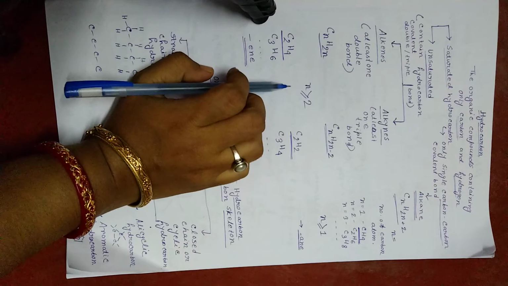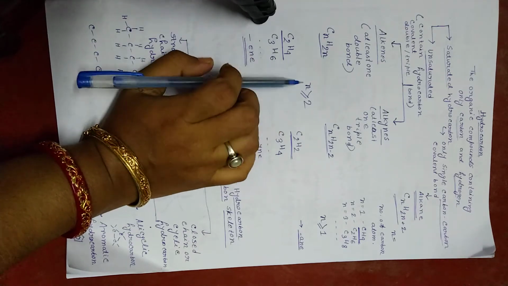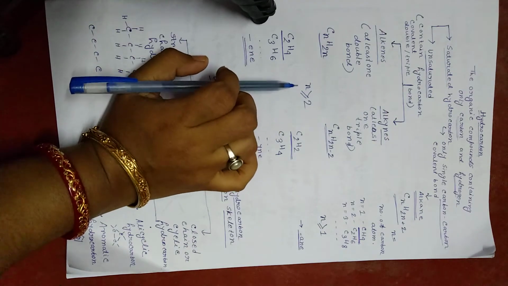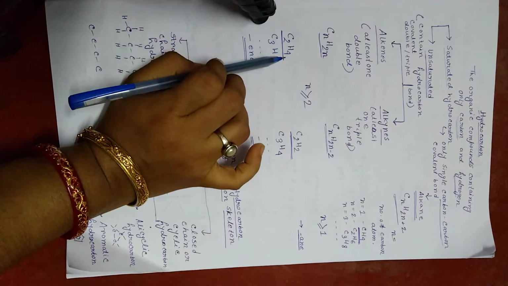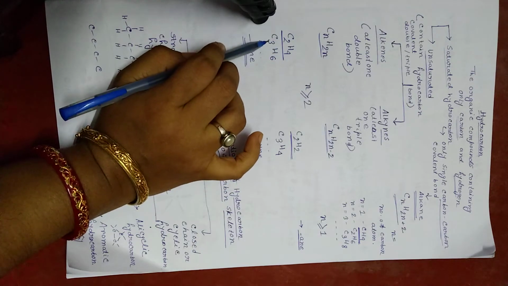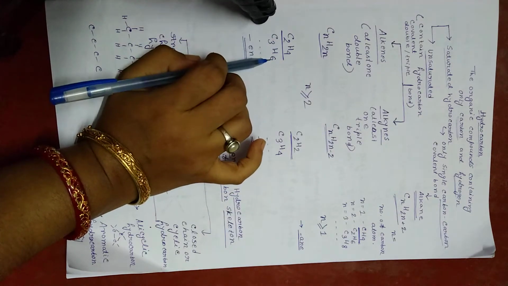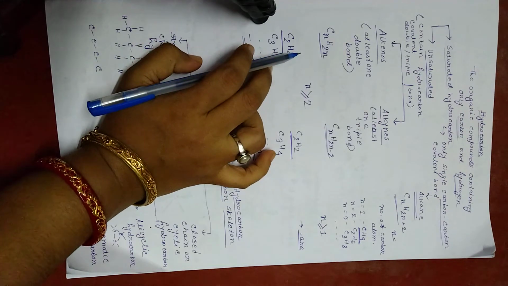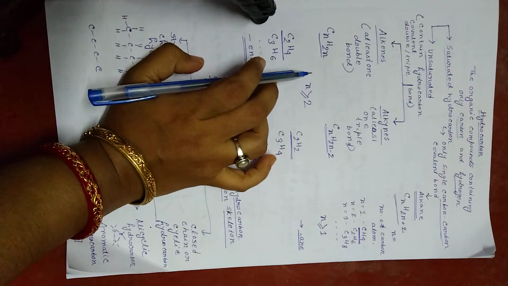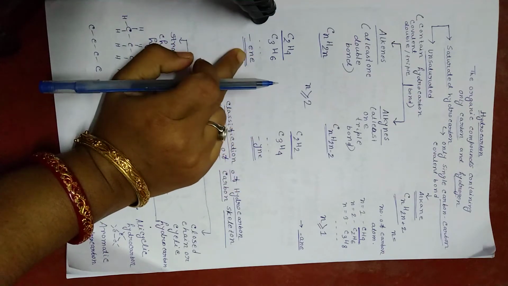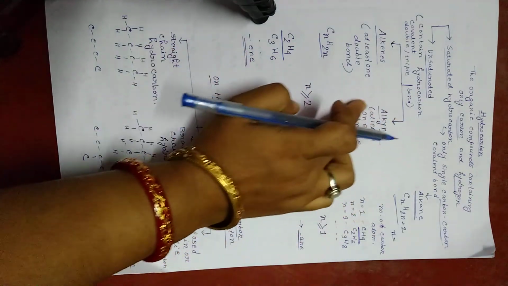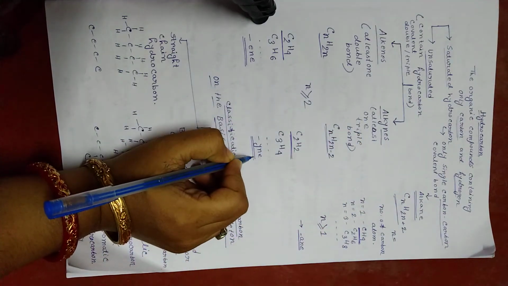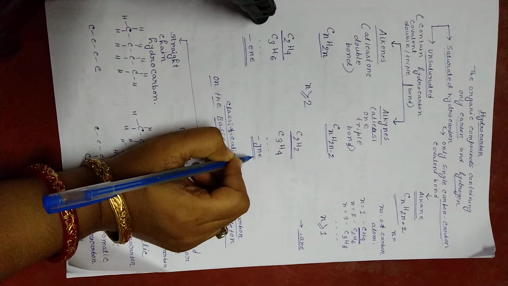In case of alkenes, if we put n equal to 2, we get C2H4. If n is 3, then C3H6. In nomenclature, you put "ene" as suffix for alkenes, and in case of alkynes, you put "yne" as suffix.